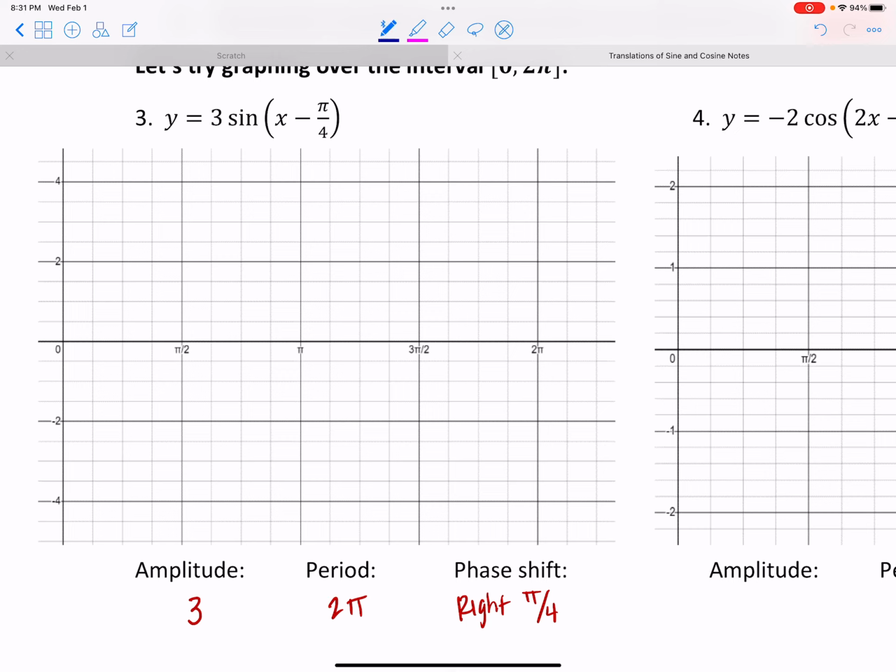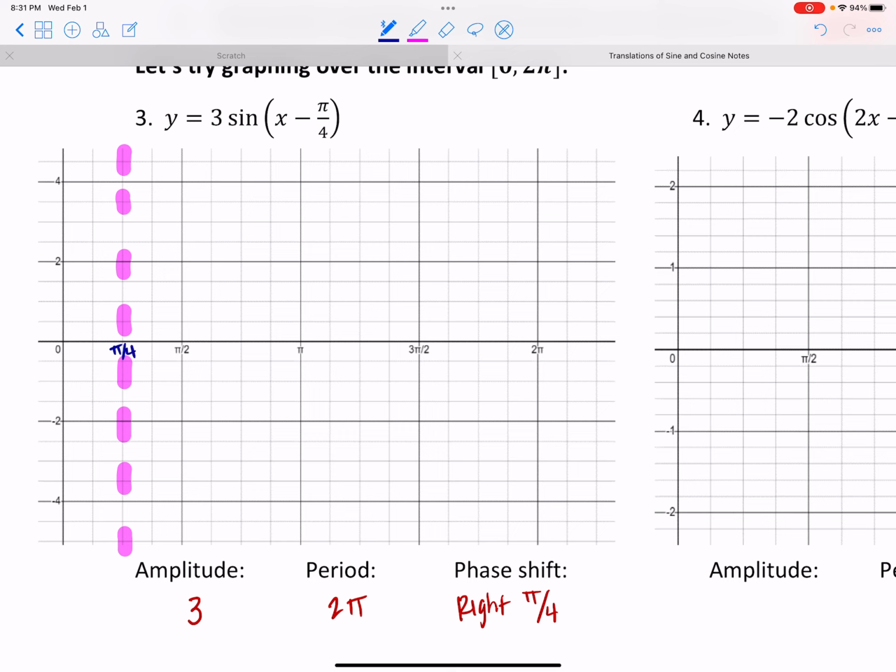Pi over 4, that's like 1/4 of the pi. So here's my 1 pi, here's my half pi. This would be 1/4 of the pi. I want to shift there. So instead of starting on the y-axis, I'm going to start here. And when I say here, I mean pi over 4. Maybe I should just put that on the axis. So this is pi over 4 radians.